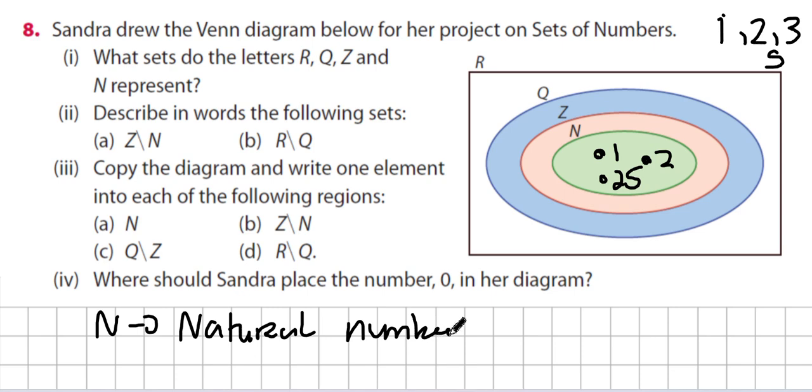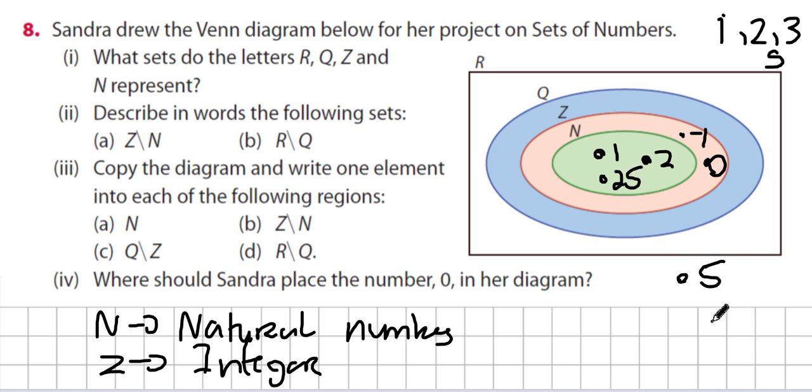Now, what is Z? Oh, sorry. Z is integers. Give me an example of an integer. 0, -1, 5 even, but 5 would be also located inside of N, wouldn't it? So if I had the number 5 and the number -10, where would 5 go?